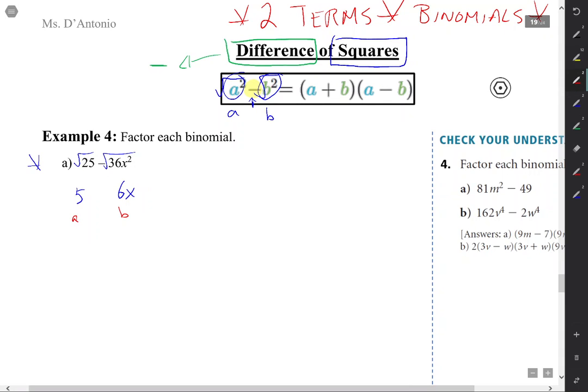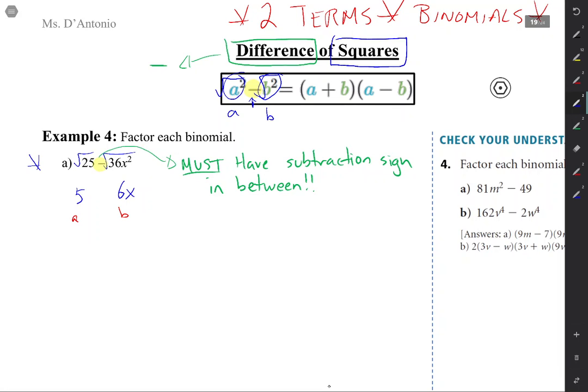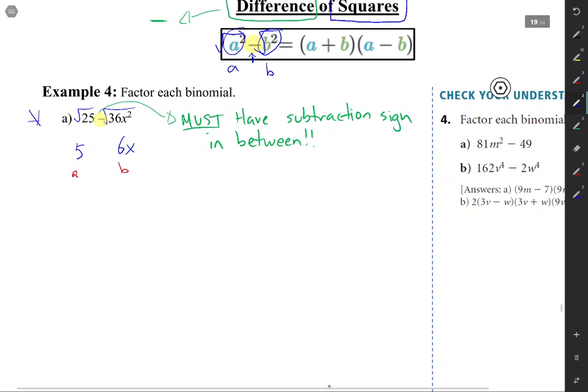And the second thing we have to check is, is it the difference of squares? Is there a subtraction sign in between? Yes, there is. So I'll do a little side note here. Must have a subtraction sign in between. So because both of the terms are perfect squares and because they have a subtraction sign in between, we can use difference of squares to factor this.